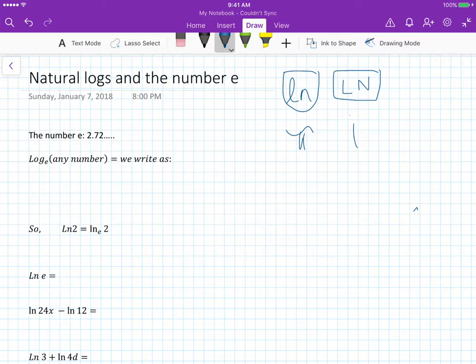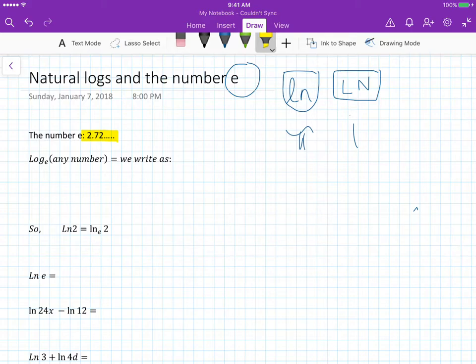That is the same thing with our new number today, e, the number e. The number e is approximately 2.72, but I put a bunch of dots afterwards because it goes on forever. It's actually 2.718, and then it continues from there. But a lot of the time when you work with e, you will just estimate that it's around 2.72.